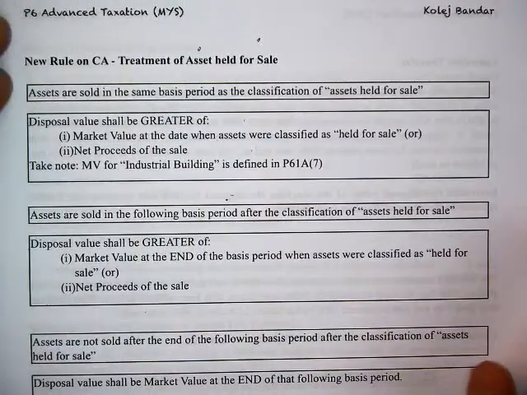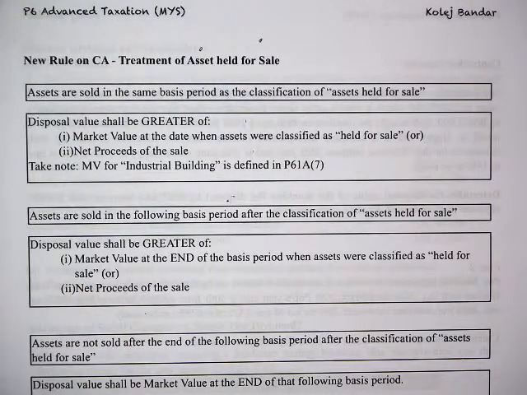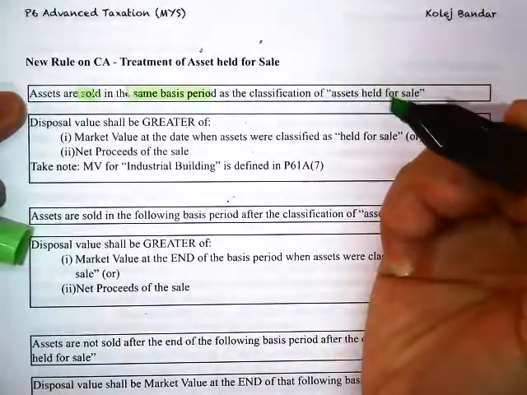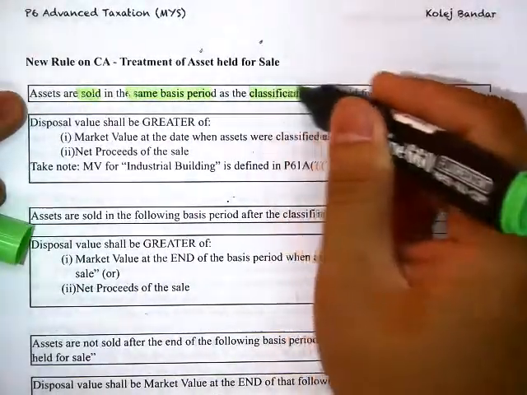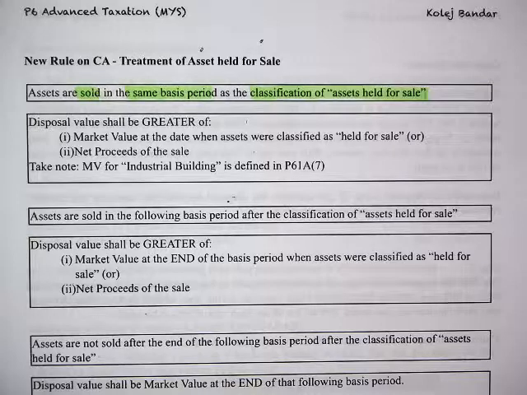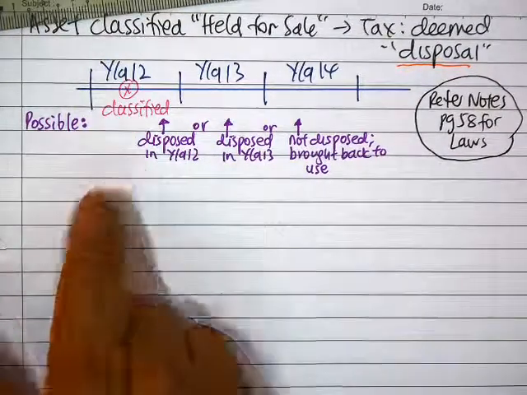Number one, look back into your handout. I gave the same page in your handout, number one. The asset is sold in the same basis period that you classify it as held for sale. Meaning, like what we said just now, 2012 I classify, 2012 I dispose.